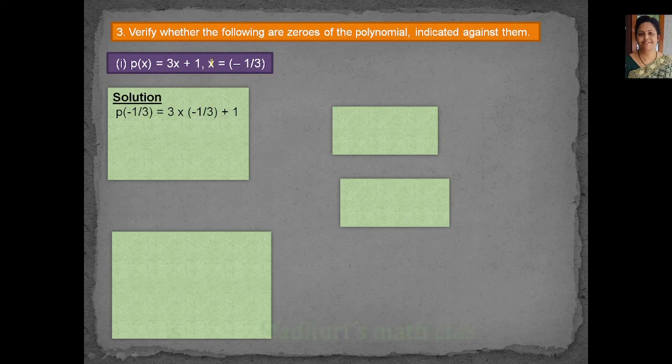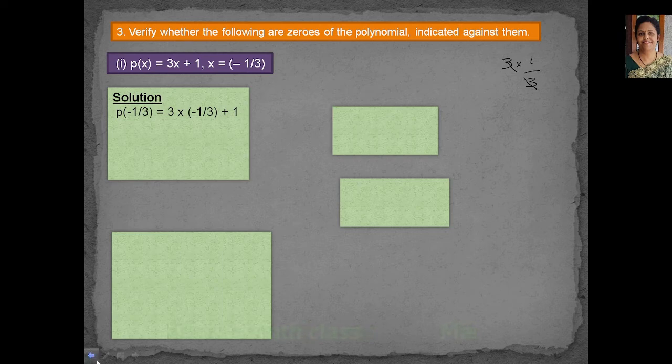P(negative 1 by 3) is equal to 3 into negative 1 by 3 plus 1. 3 into 1 by 3 means what, children? 3 and 3 cancel. What is remaining? 1.